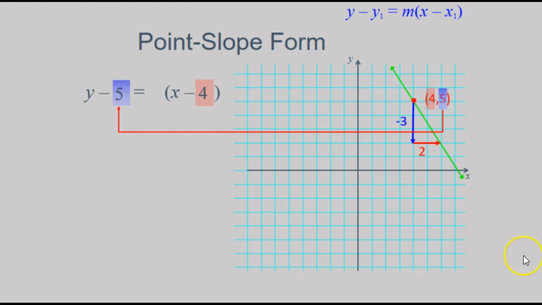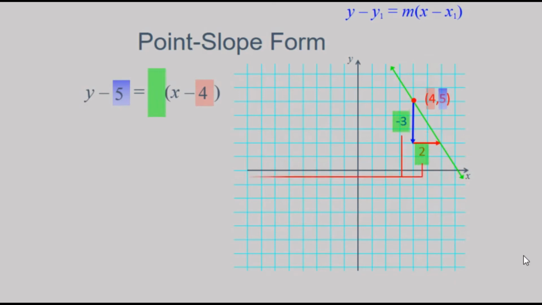Furthermore, we'll put the ratio of our rise over run in the place of the slope here, the coefficient of this quantity, so -3 over 2, resulting in our equation of this line in point-slope form.